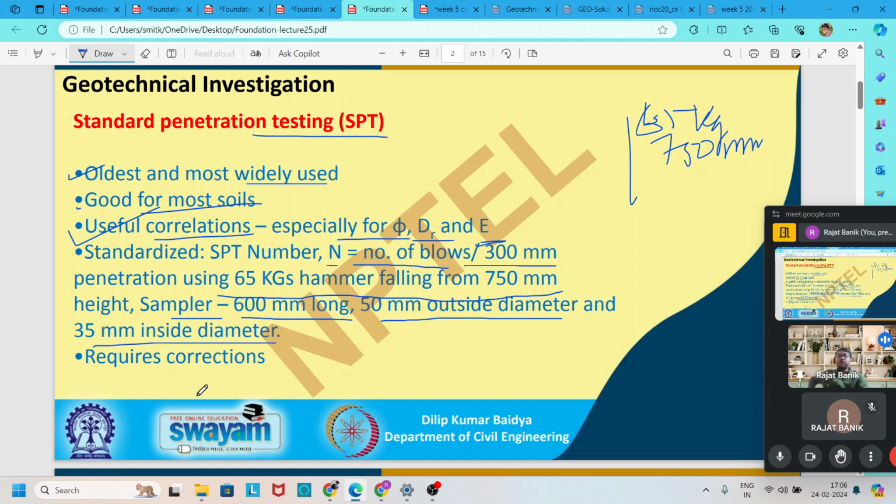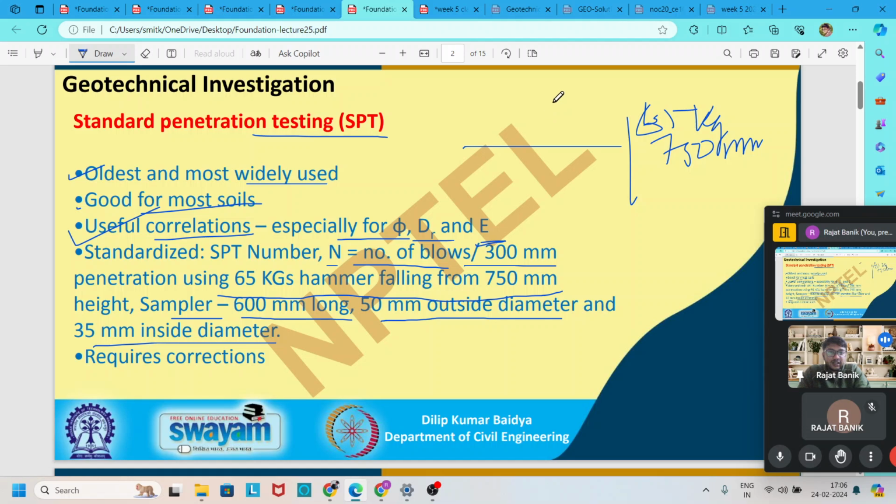So there may be human error, or there may be load inclination error. Also, the soil may give some resistance due to the presence of some boulders. So we have to correct our SPT number by different methods.